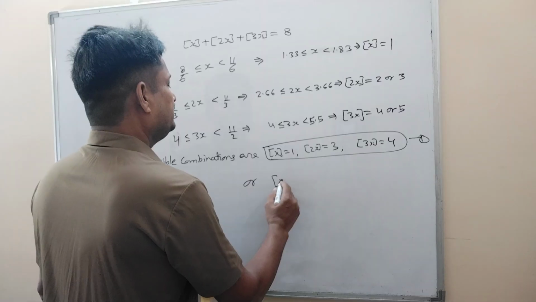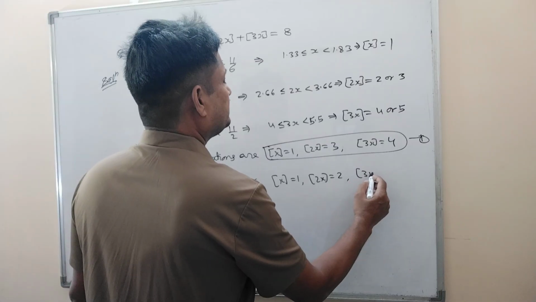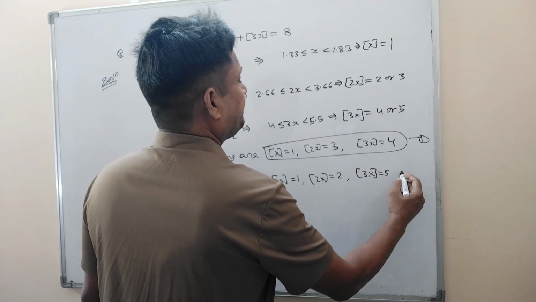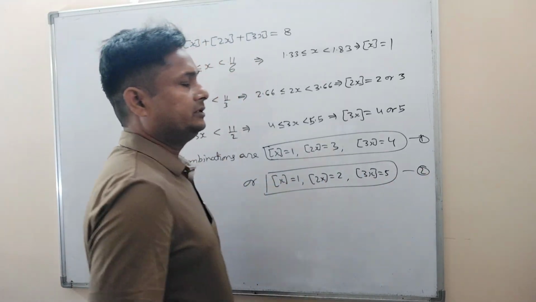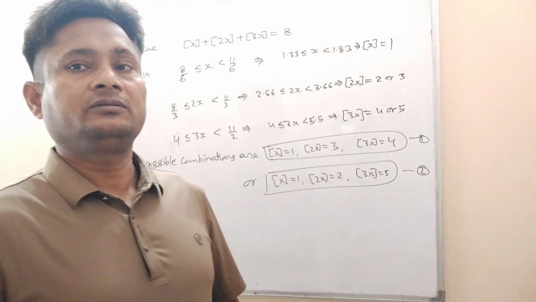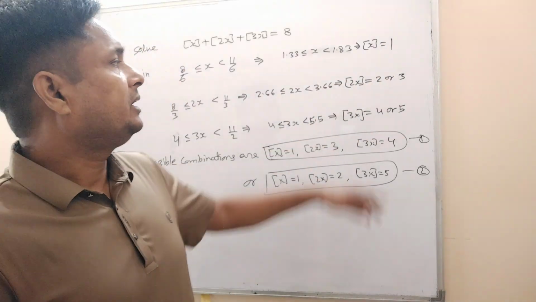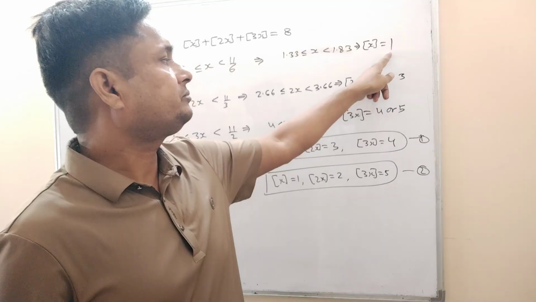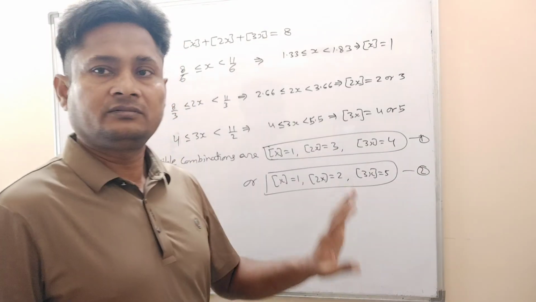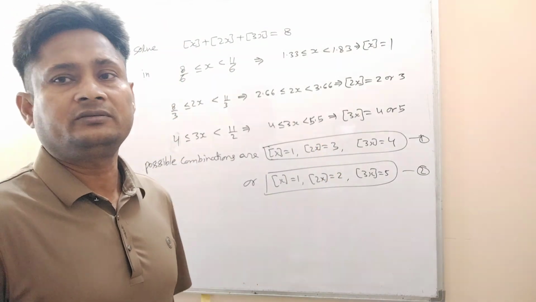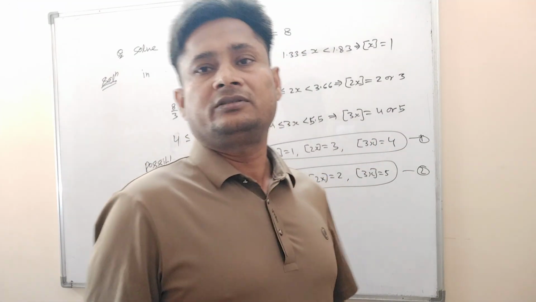Or greatest integer of x is equal to 1, greatest integer of 2x is equal to 2 and greatest integer of 3x is equal to 5. This will also give 8. Only these possibilities give a sum of 8, either 4 plus 3 plus 1 or 5 plus 2 plus 1. There will be no more combinations, so these are the two possible combinations.